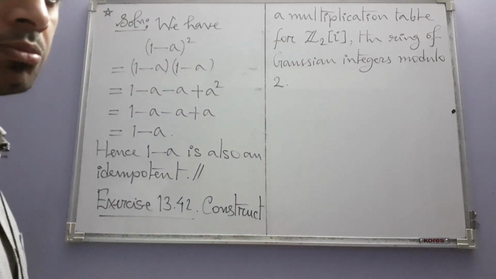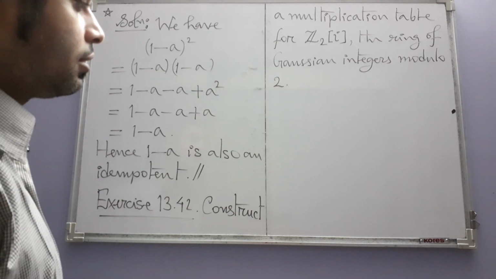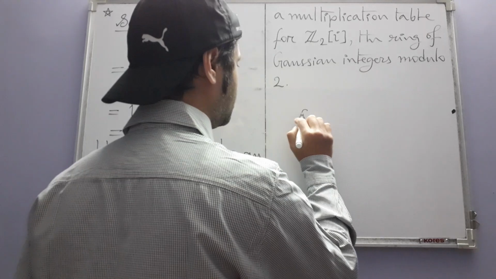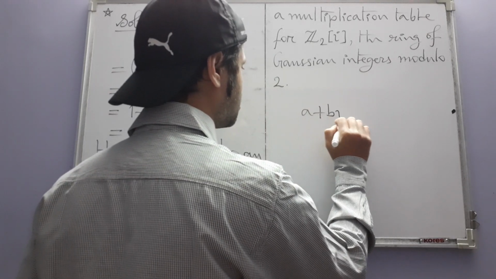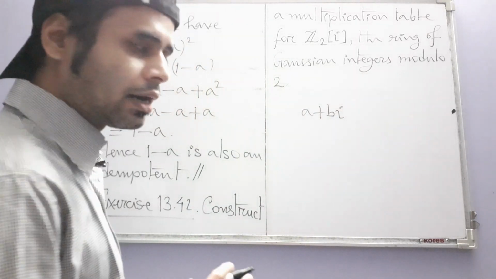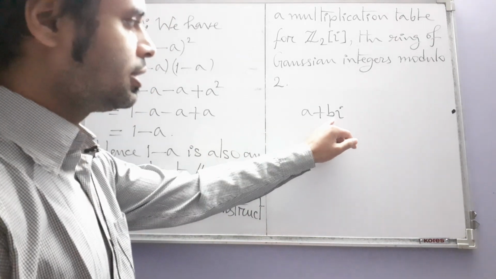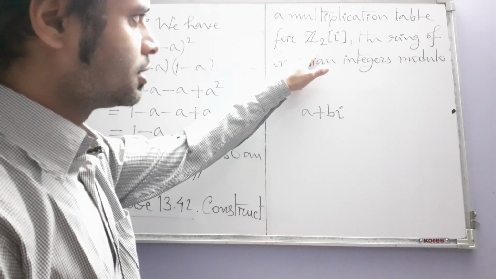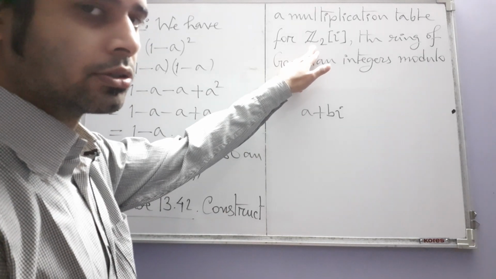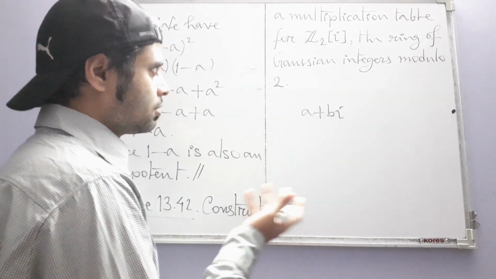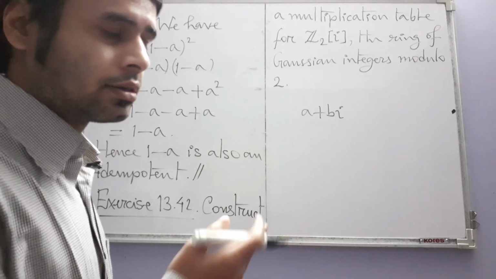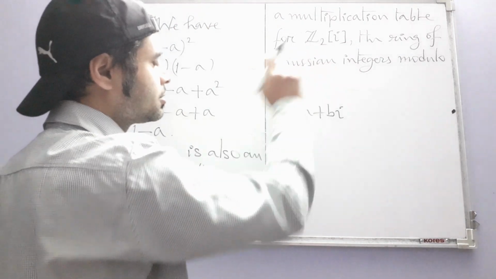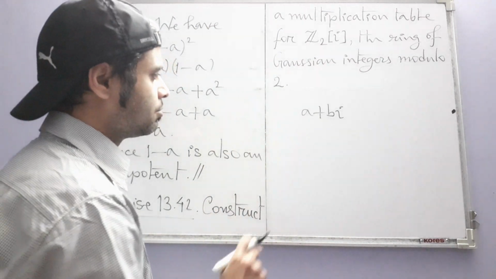We know what the elements in this ring are. They are elements which look like this: a plus bi, which look like complex numbers but they are not, because these components a and b are not real numbers. This time they are coming from this two element field Z2, which we know has two elements, 0 and 1.